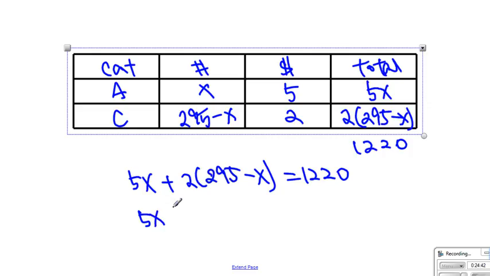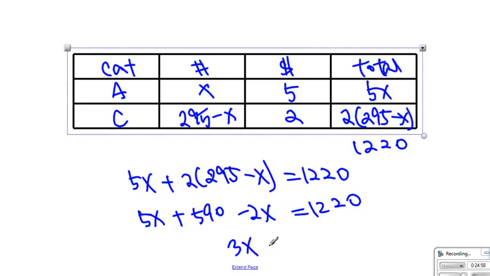Here we have 5x plus 590 minus 2x is equal to 1220. When you combine them, 5x and 2x, we end up getting 3x plus 590, which is equal to 1220.